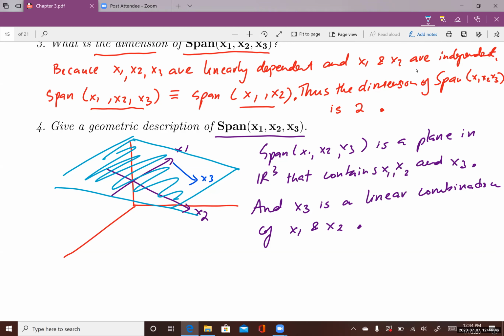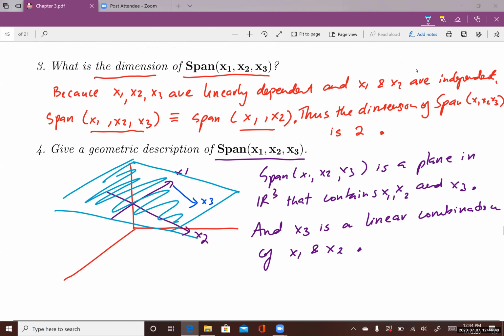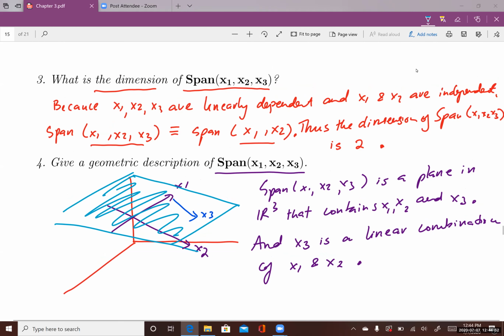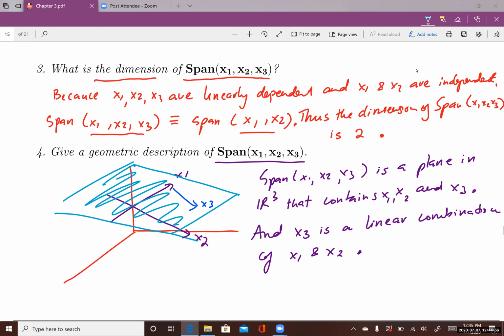If x3 is a linear combination of x2 and x1, then the span of x1, x2, x3 is the same as the span of x1 and x2, right? And the span of 2 independent vectors in R3 is a plane. And since x3 is a linear combination of x1 and x2, I know that x3 is just a vector on the same plane.